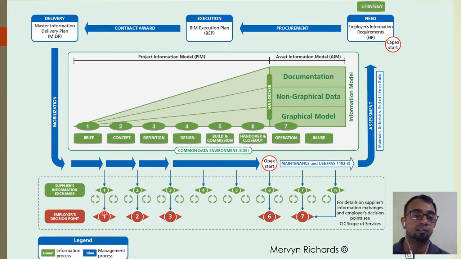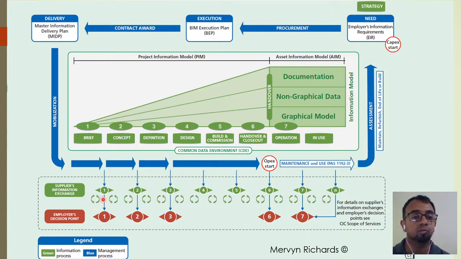So if any change is needed, you are still in the briefing stage, information exchange. You will be changing information, redesigning, doing whatever is necessary at this stage. However, here there is no design actually, but this is finalizing the project requirements.